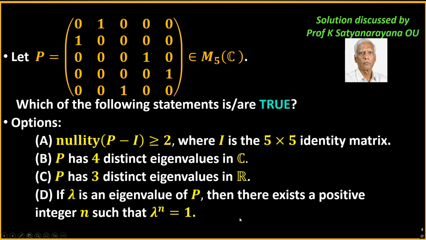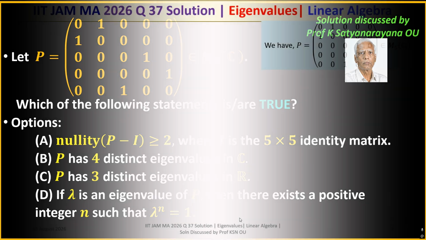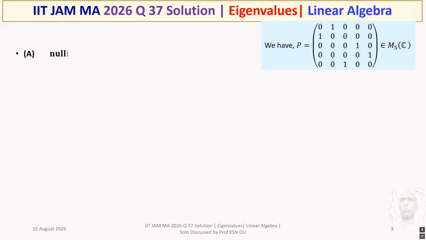Right. Let's now discuss the solution of the problem in detail. We have the matrix P here. We take up option A, the nullity of P minus I greater than or equal to 2, where I is the 5 by 5 identity matrix.